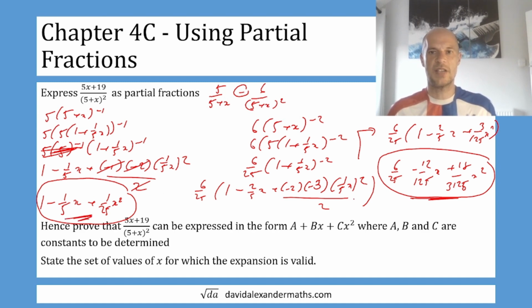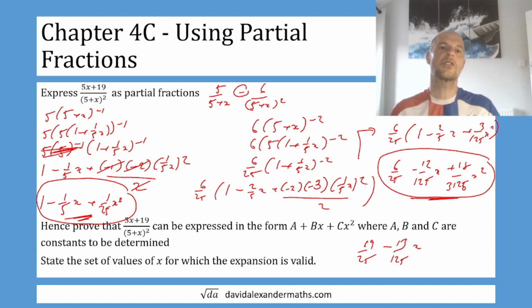Okay, so remember we are subtracting this stuff here from this stuff here. So 1 take away 6 over 25, that is 19 over 25. Minus 1/5 x, take away minus 12 over 125 x, in other words plus 12 over 125 x, is minus 13 over 125 x.